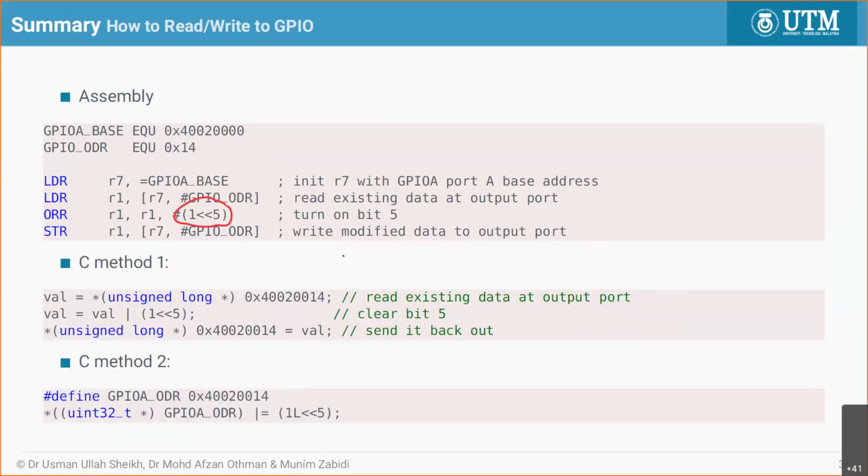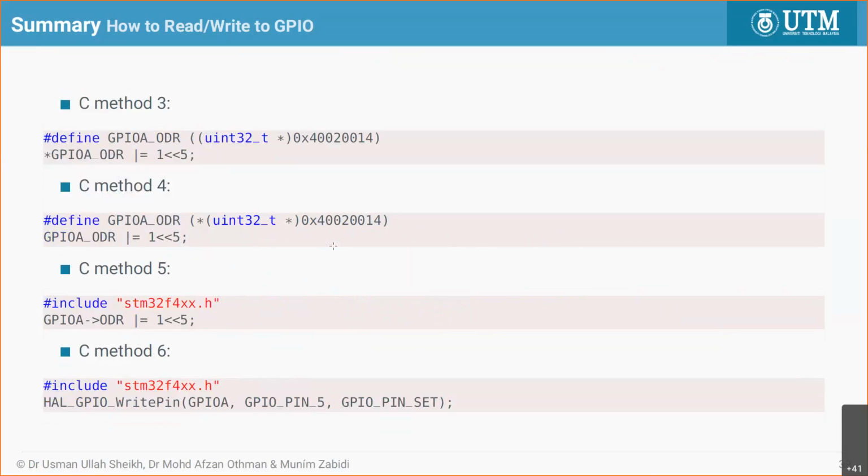We can use C method number 2, a slightly cleaner method, where you replace the number with a label. And if you're smart about it, you can delete this typecasting in front. Okay, and then you can use method 3A, 3B, but here I renumbered it to 3 and 4, okay, and 5.